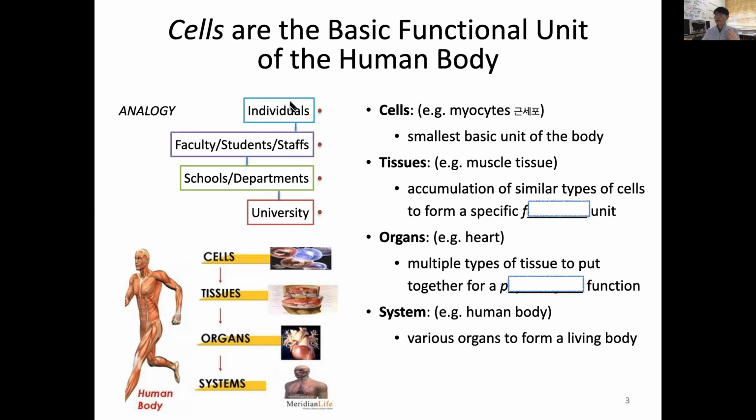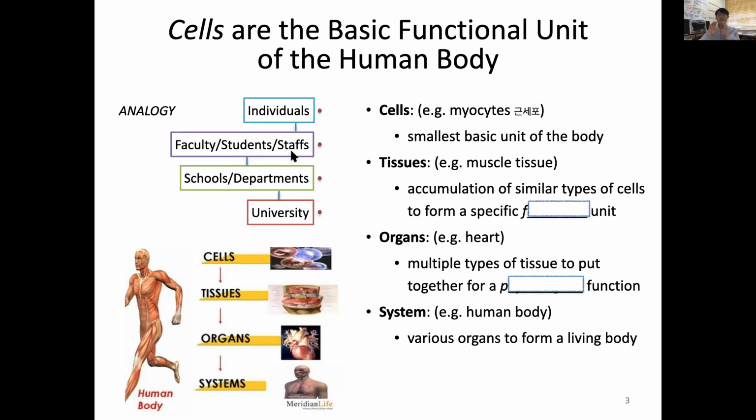And what about you guys, students, or me, faculty? Accumulation of a similar type of individuals forms faculty, students, or staff. The role of students is to learn and perform research, faculty teach, and staff support the system.